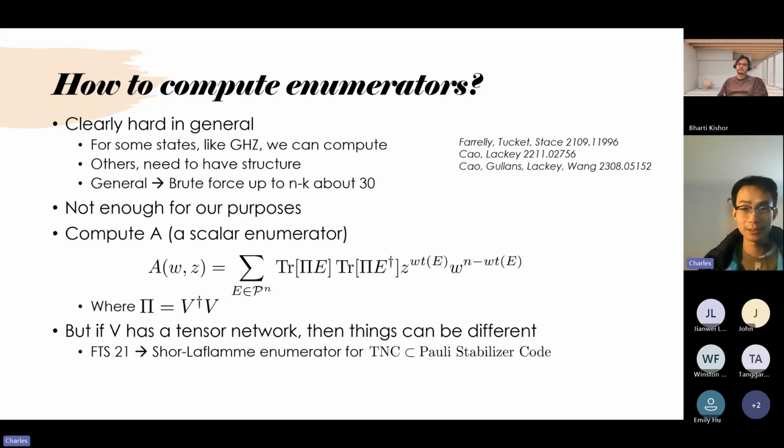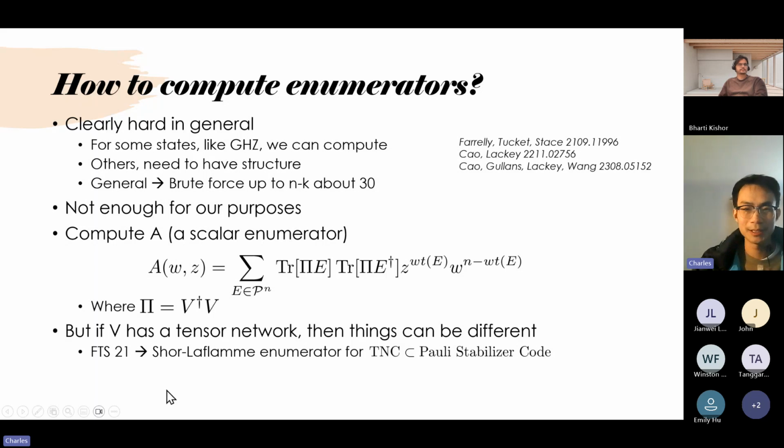At least for stabilizer codes, it's going to scale as something like 2 to the n minus k just to get the A-type enumerator. And for general enumerators, we're not going to be able to get anything past 30 qubits, essentially. That's obviously not enough to do anything useful. So the question we would like to ask is, how do we speed this up?